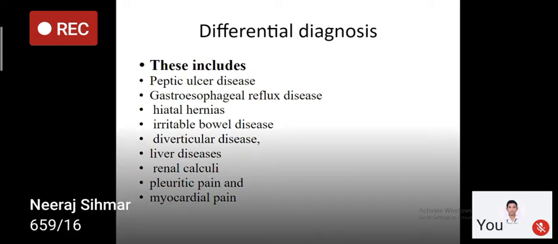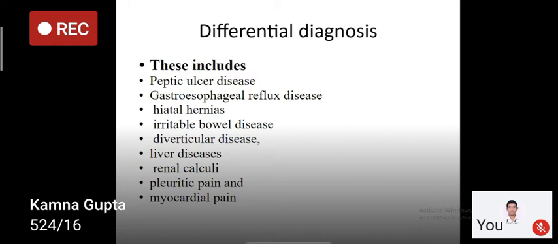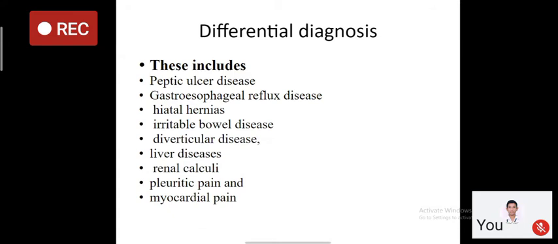These include peptic ulcer disease, gastroesophageal reflux disease, hiatus hernias, irritable bowel disease, diverticular disease, liver disease like liver abscess or hepatitis, and renal calculi. If renal colic is there, it can mimic cholecystitis, as can pleuritic pain and myocardial pain.